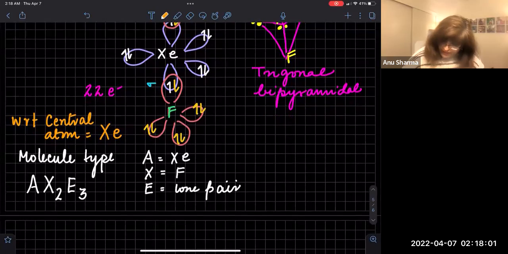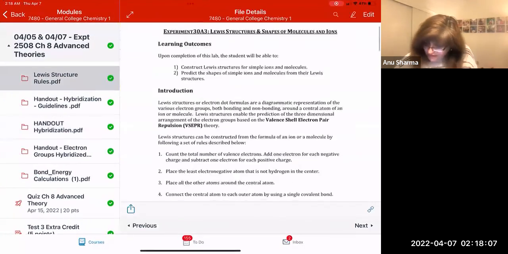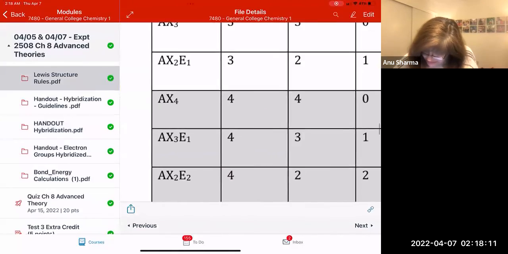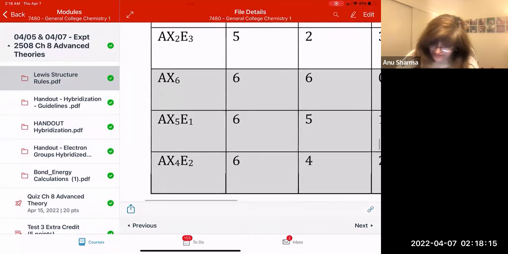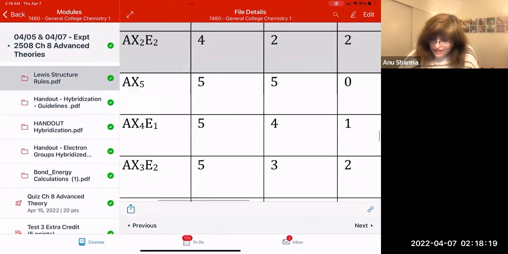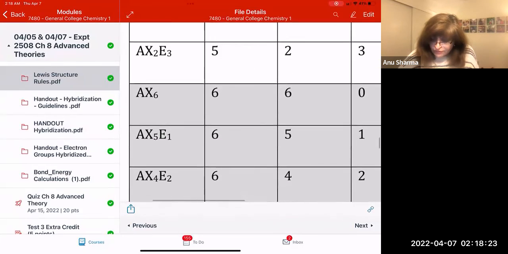Okay, so here this becomes AX2E3. What does this relate to? So here we have AX2E3. 5 stands for the total number of electron groups. We already calculated that.